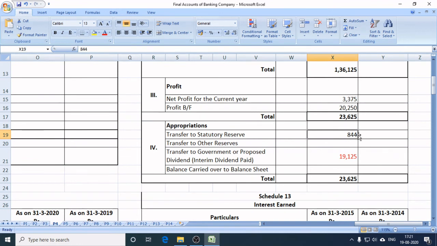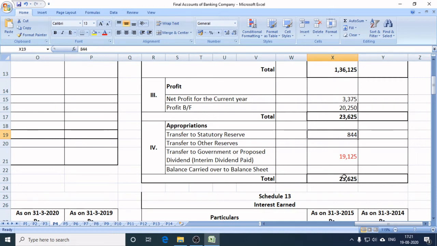Let me tell you one more time. Here I calculated this figure on the current year figure. I didn't consider the previous year profit as well as the total lifetime profit. I considered only current year profit for making provision to statutory reserve. That is 25%, that is 844.